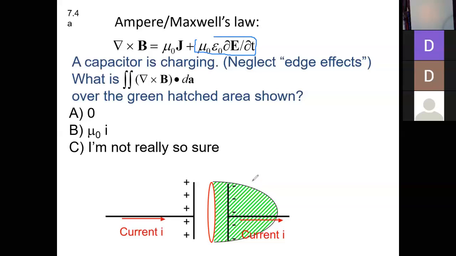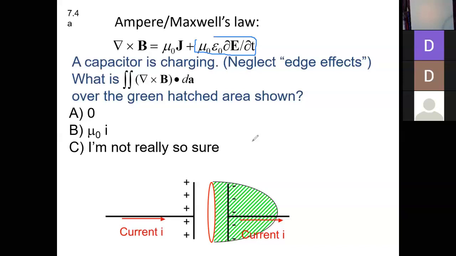You guys remember that? I think we did a few things about that when we were calculating fluxes. We had all these different shapes. When we were calculating electric fluxes, we used these different shapes.